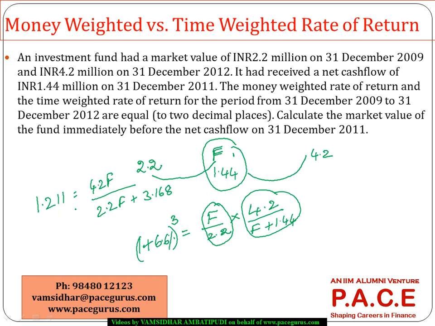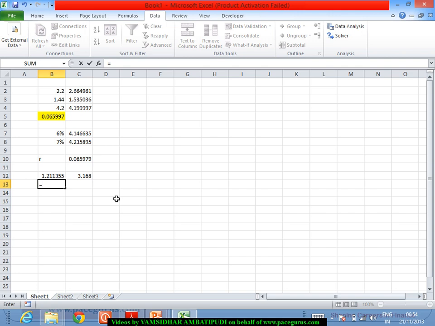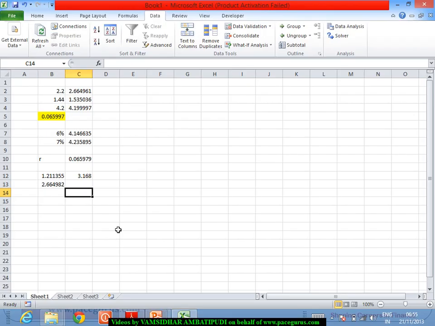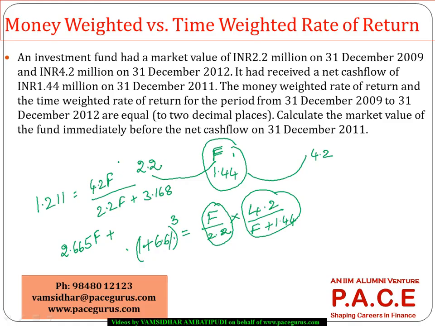So probably we can do a basic simplification of the equation. 1.211 into 2.2, I multiply it with 2.2, so 2.665 F, which works out to 2.665 F plus probably 1.211 multiplied with 3.168, which is giving me 3.838. 3.838 is equal to 4.2 F.